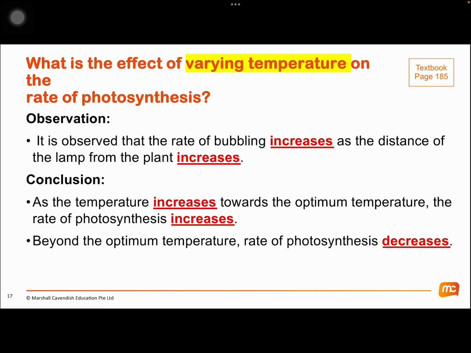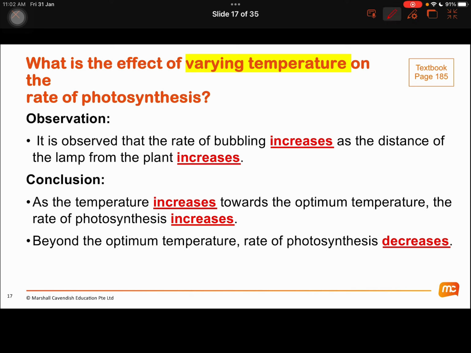Pardon me, in this slide there's a mistake. We can see how temperature affects the rate of bubbling: it will increase as the temperature of the setup increases till a certain point, till the optimum temperature.